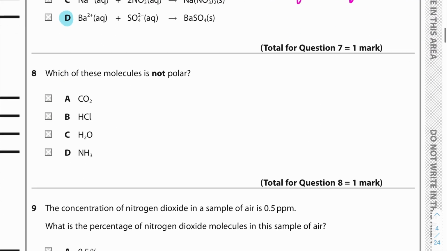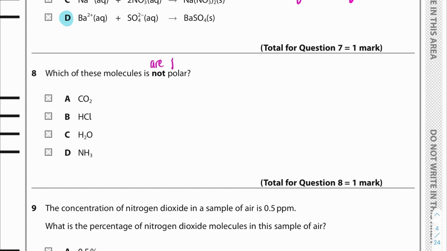Question number 8. Which of these molecules are not polar? Okay, so we have our carbon dioxide, HCl, H2O, NH3. Another way of looking at this question is, which of these molecules are polar?